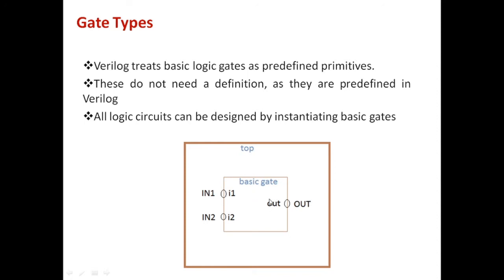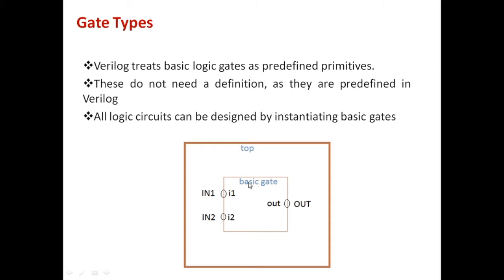The basic gate is my module here, and this module is being instantiated inside my top level test bench. The top level test bench module generates some signals like capital IN1 and capital IN2, and it drives the signals into your input ports in this manner.